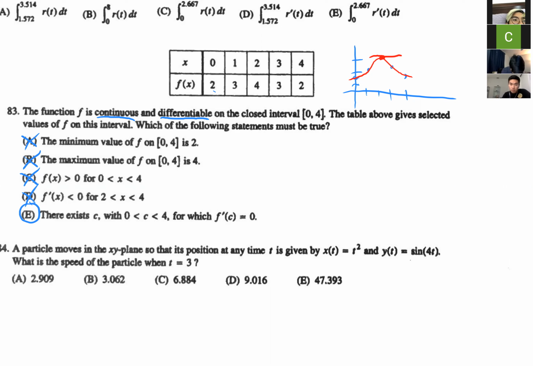So is that okay for 83? Yeah. Sometimes it's good to just draw a graph at the beginning for problems like these to get an idea, but we're only given 5 points. We don't know what happens in between those points. It could do weird stuff. It could go down like this before it comes up. We don't know.